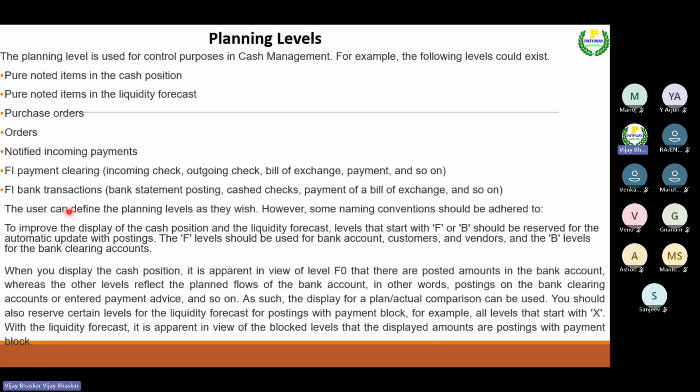confusion here. From here to improve the display of the cash position, during the configuration, I can show you how the planning levels can be done. But now what SAP has suggested right here, F and B, this might not be possible for us, because multiple people are practicing here.